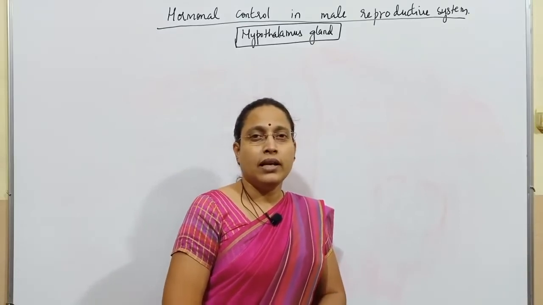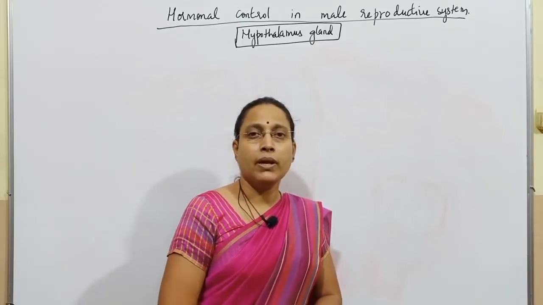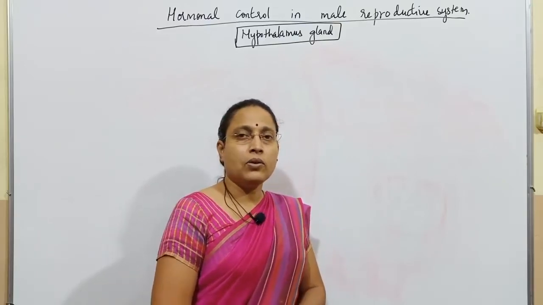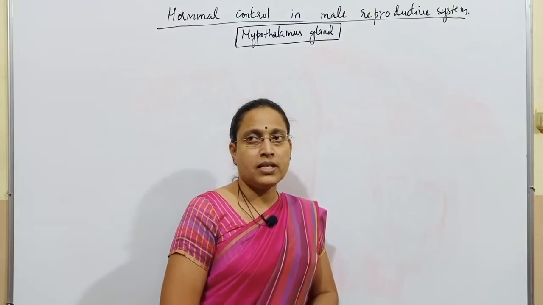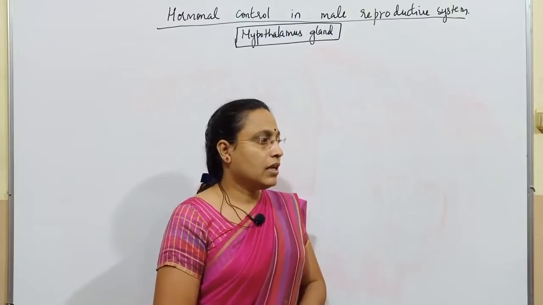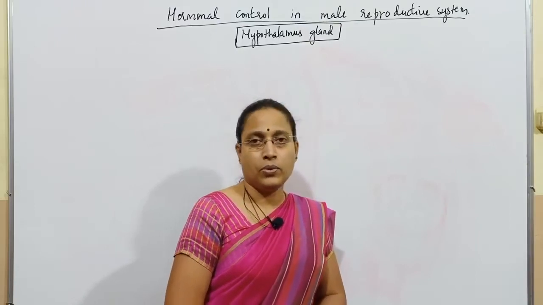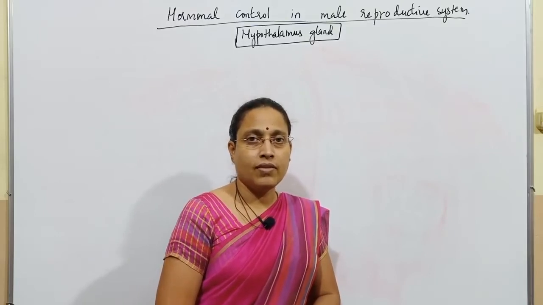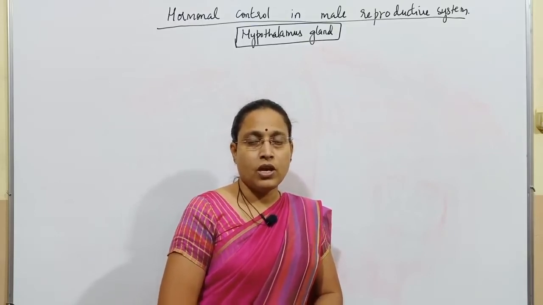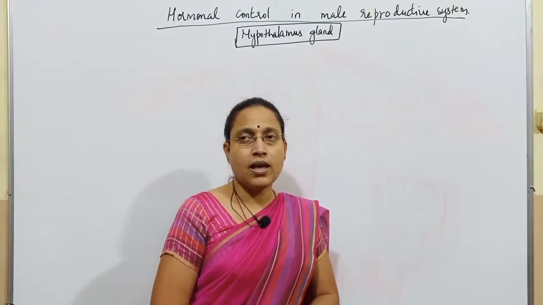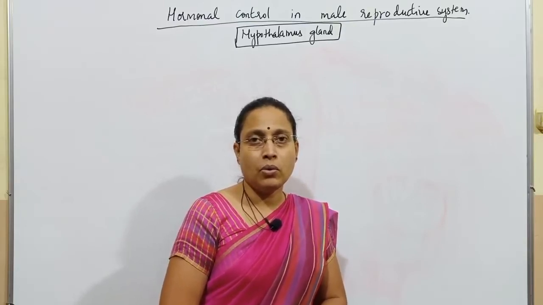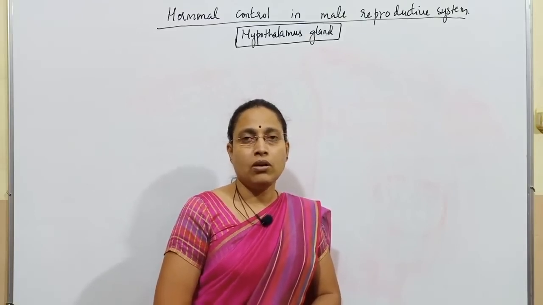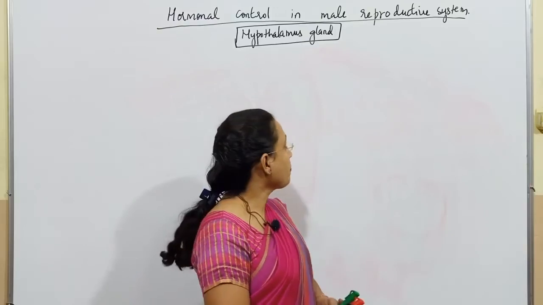You already know that it is present below the thalamus of the brain, and it is a neuroendocrine system. That means it is a part of the brain that also secretes hormones, because it has special nerve cells that have the capacity to produce hormones. So hormone producing nerve cells are called neuroendocrine cells, and the hormones are called neurohormones.